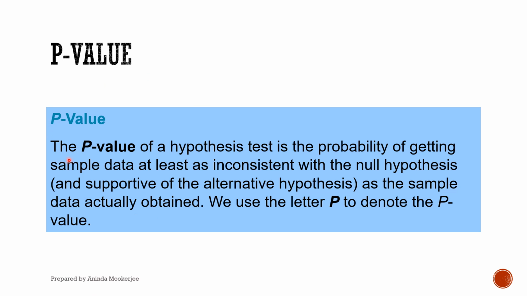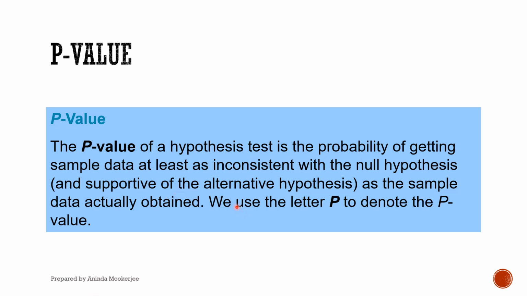It says here the p-value of a hypothesis test is the probability of getting sample data at least as inconsistent with the null hypothesis and supportive of the alternative hypothesis as the sample data actually obtained. We use the letter P to denote the p-value. So it's actually to do with the probability. But I understand that just by reading it, it's not easy to conceptualize.